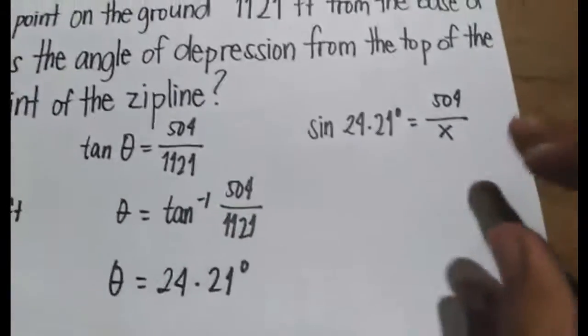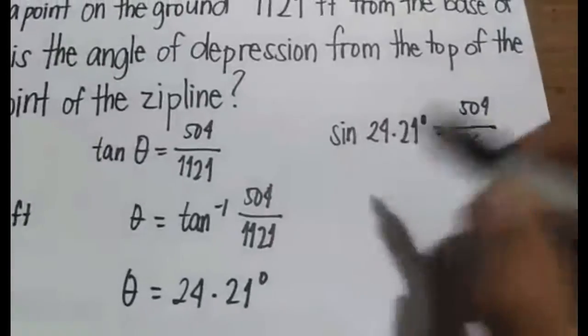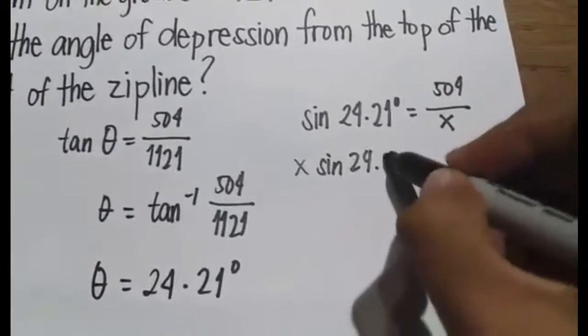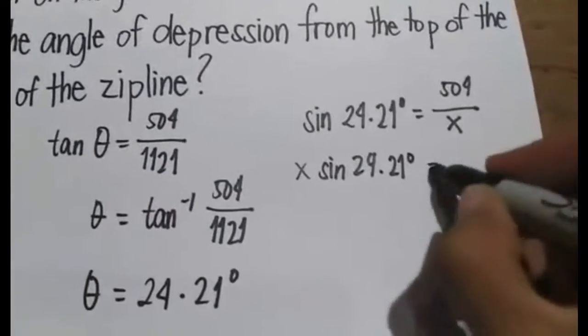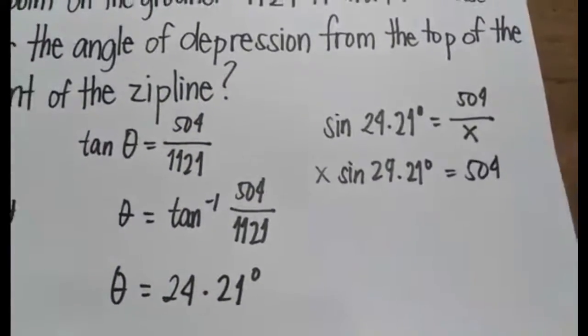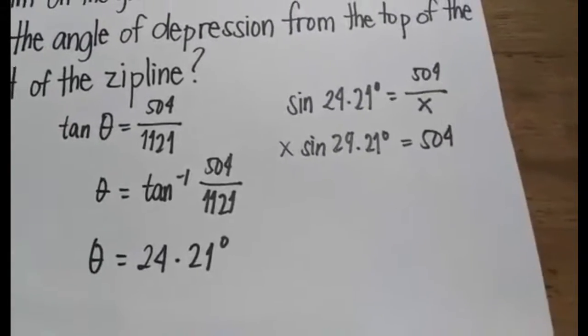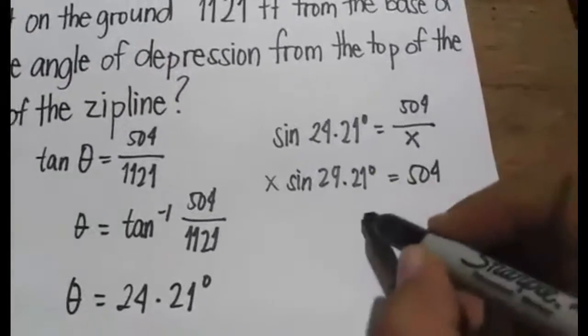Then we could multiply both sides by x, which will then be x sine 24.21 degrees equals 504.